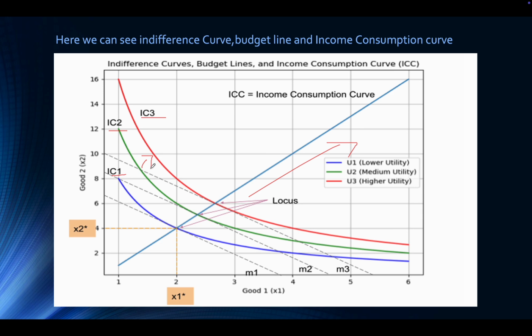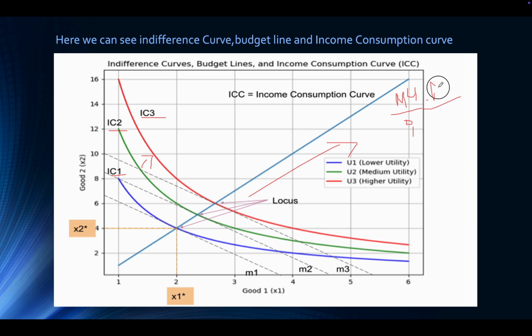The ICC curve, the income consumption path curve, is the locus of these equilibrium points, showing the direction of consumption changes. The equimarginal principle shows that MU1 divided by P1 is equal to MU2 divided by P2.